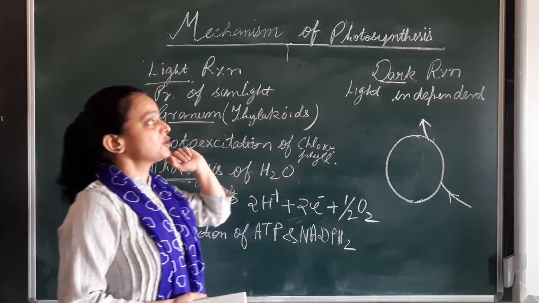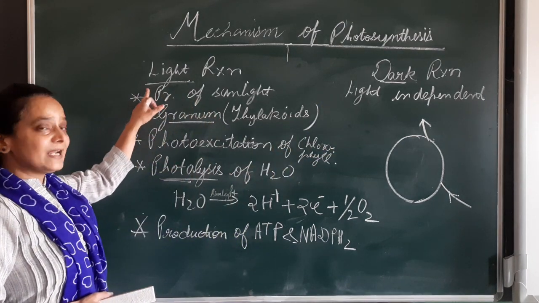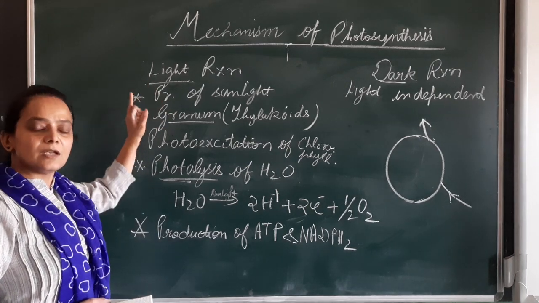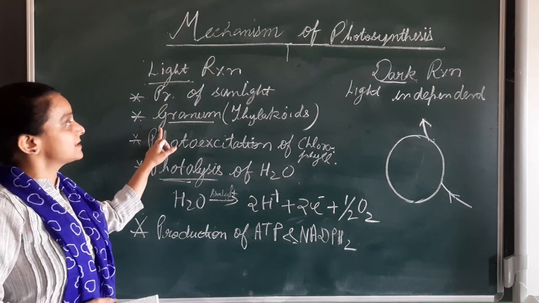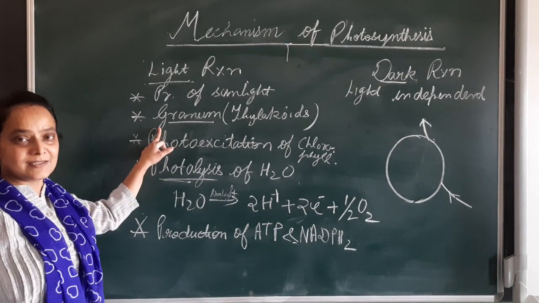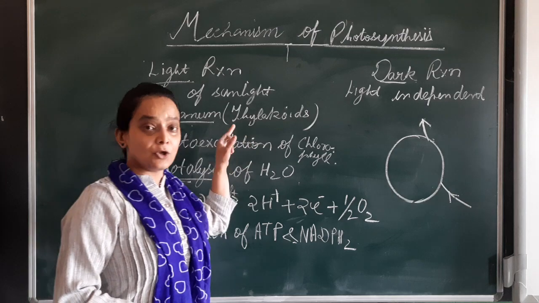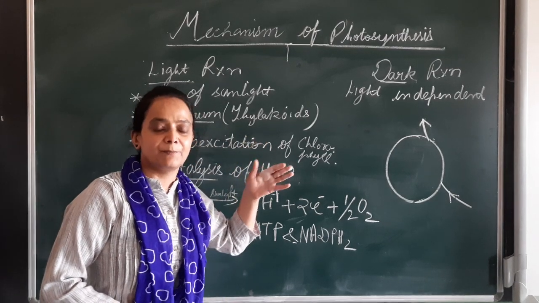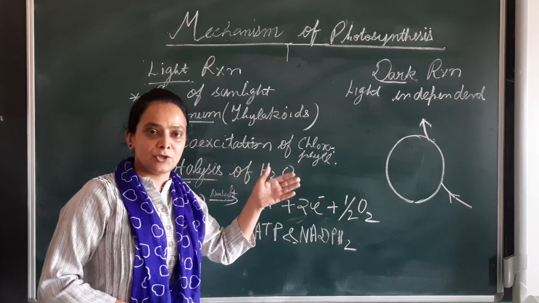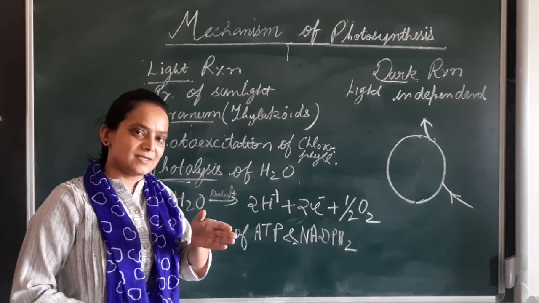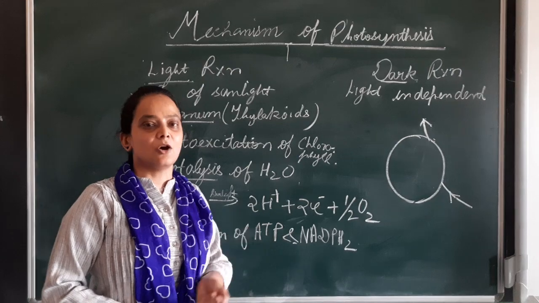Now if we talk about the site, let's continue with the light reaction. The site of the light reaction of photosynthesis is the grana or thylakoids of the chloroplast. You are aware, in the previous video also I told you that grana or thylakoids are the basic structures, thylakoids being one member of the grana.